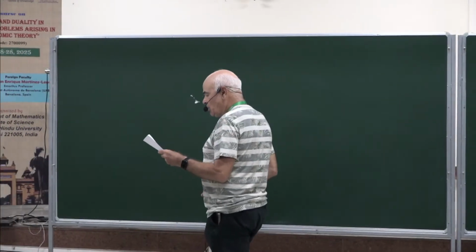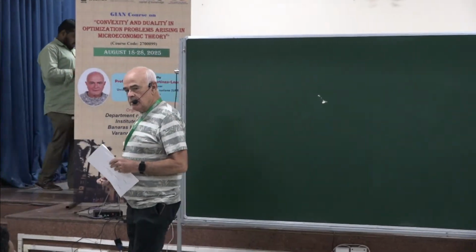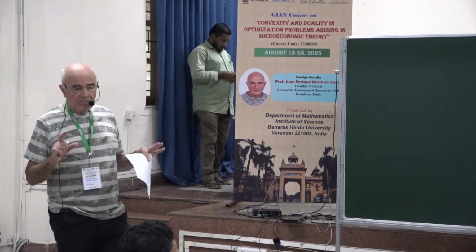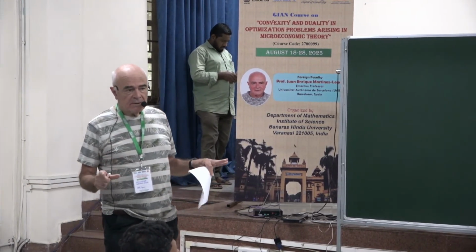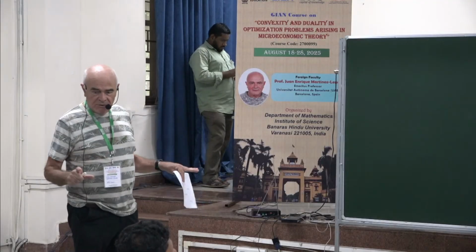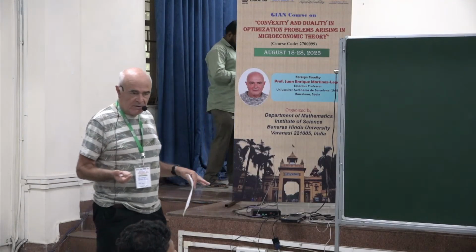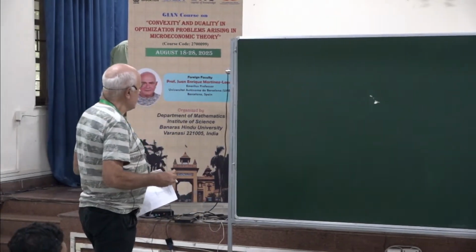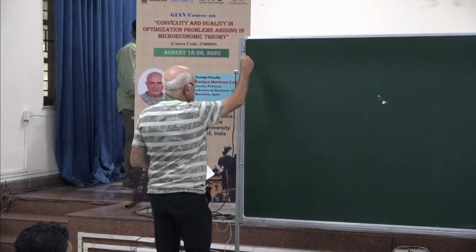So I'm going to define the demand correspondence. The primitive here is the utility function. U is given. Our preferences are given and are represented by a utility function. I don't care about the properties in principle.